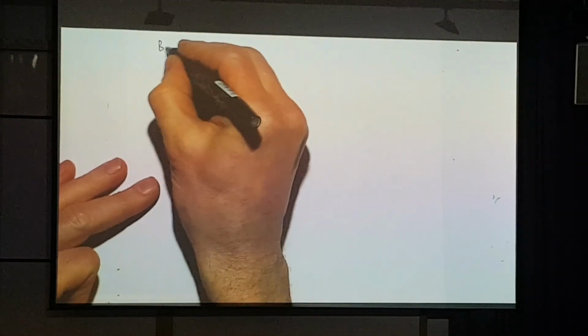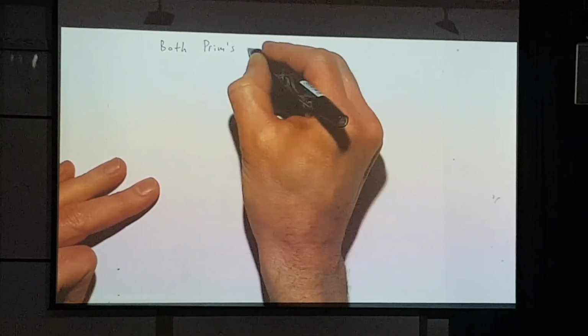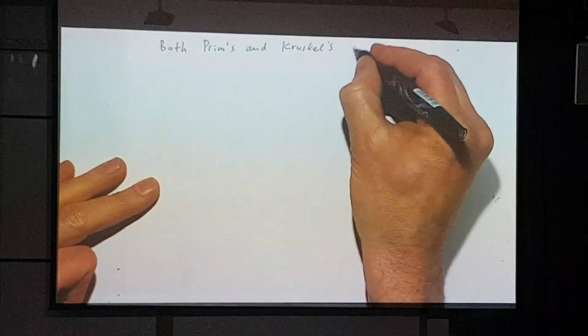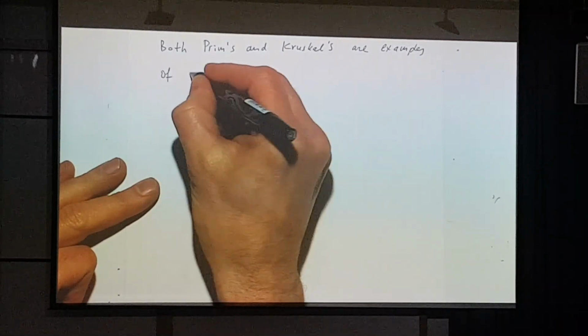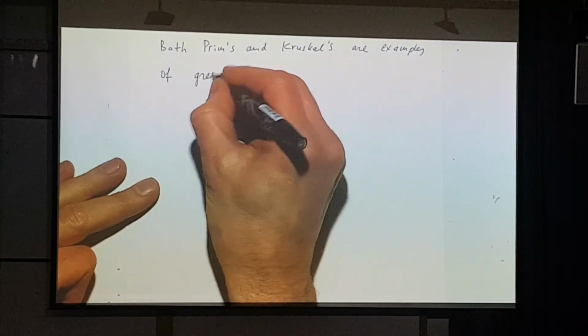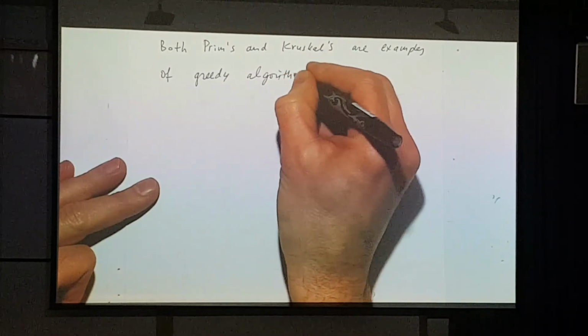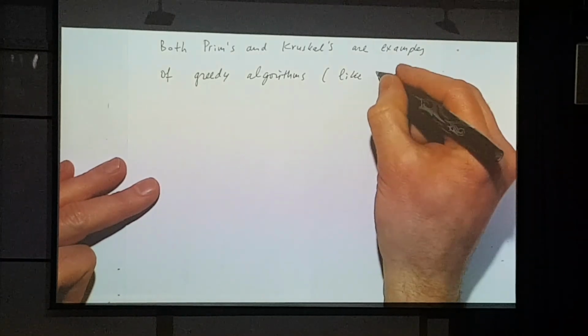So I just want to make a note, both Prim's and Kruskal's are examples of greedy algorithms, like Dijkstra's, which we studied before.